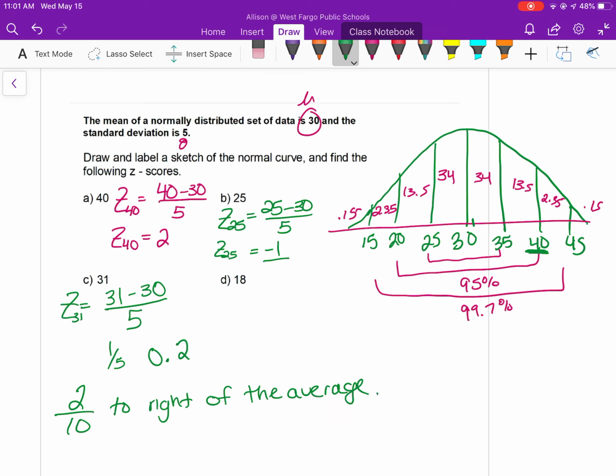So 2/10 of 5 would be 1. So it'd be like 1 unit away from the average of 30. So 31 is 1 unit away. It's 2/10 of the standard deviation away from the average. So 2/10 of 5 is 1. So it's 1 away from the average, and it's positive, so it's to the right.